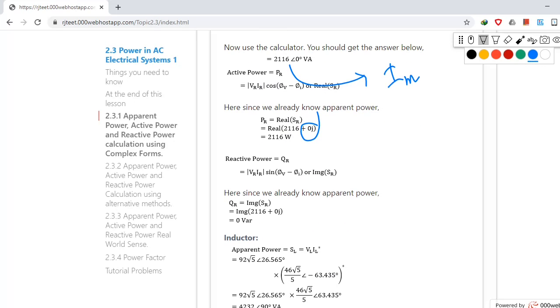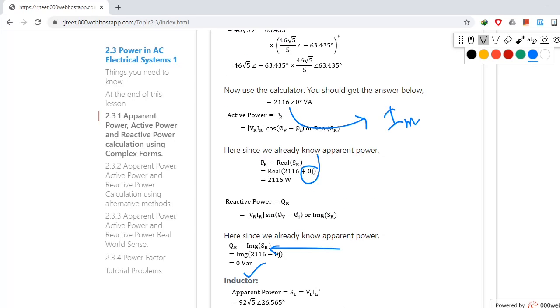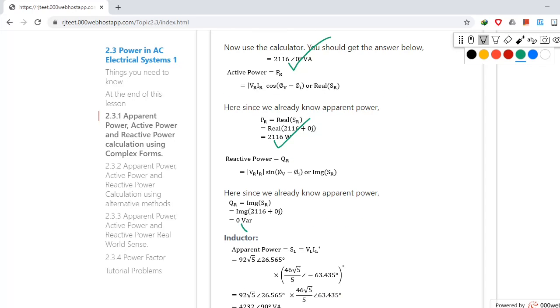Therefore I'm pretty sure that my reactive power is 0 VAR. So for the resistor, my apparent power is this value, and since apparent power is a real value, it's going to be equal to the active power. Since there is no imaginary part in the apparent power, my reactive power is going to be 0.